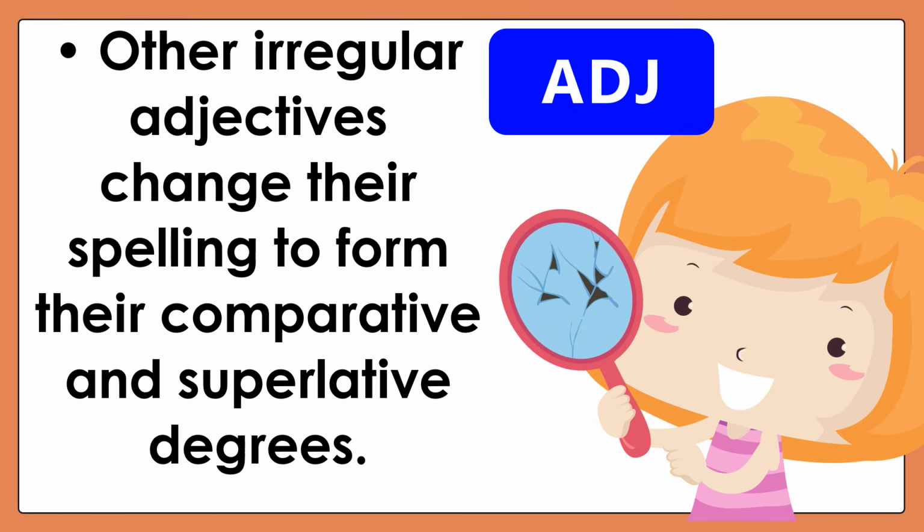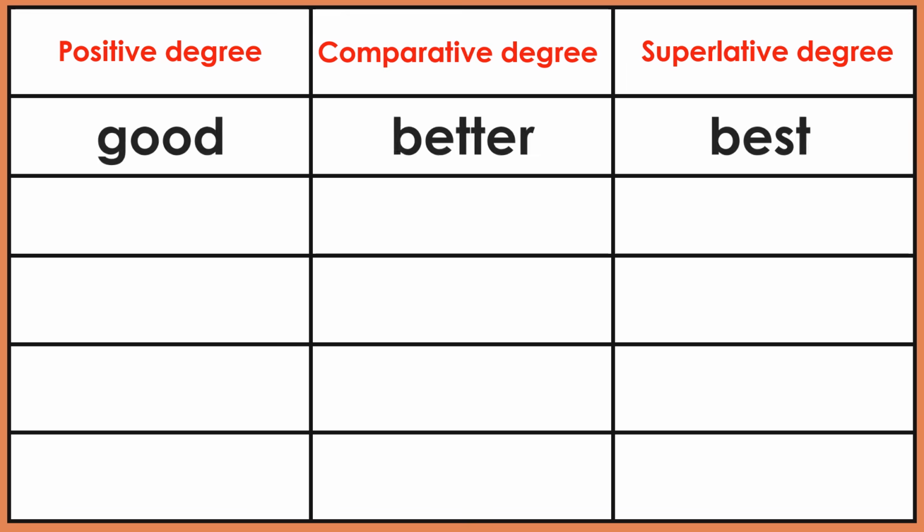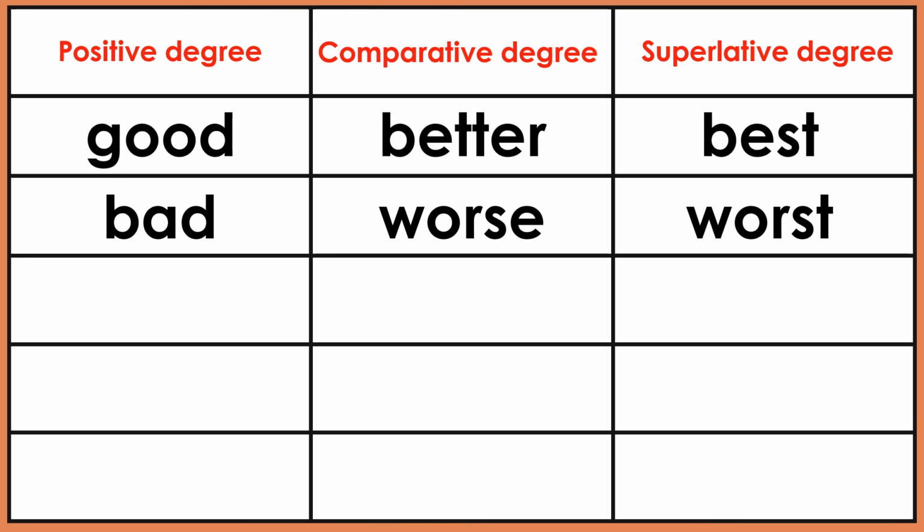Other irregular adjectives change their spelling to form their comparative and superlative degrees. Examples: good, better, best. Bad, worse, worst.